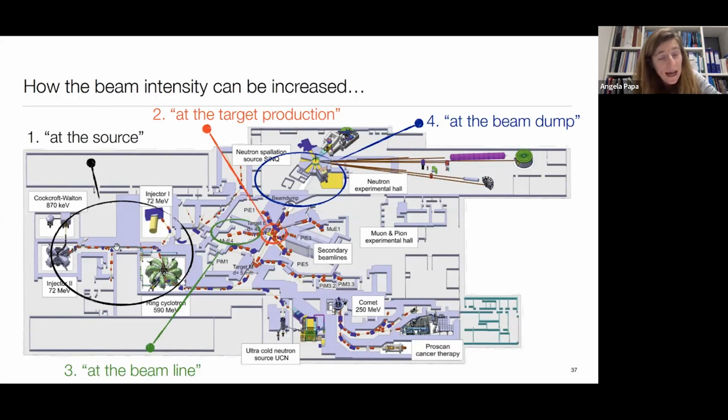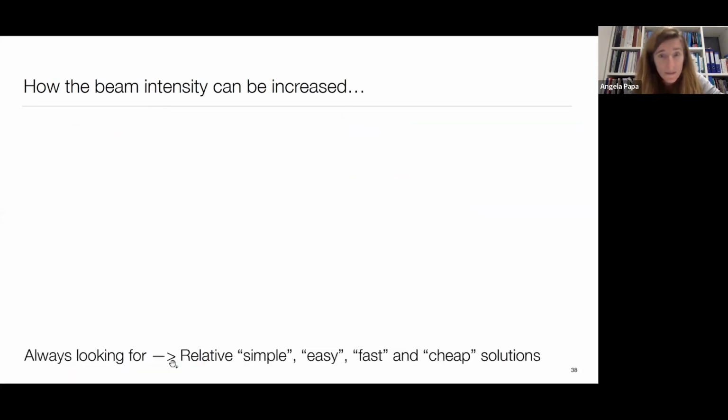But in our case we have constraints at the source: we cannot increase the power of the accelerator, and we also have to keep the fraction of the beam that allows people doing neutron physics to continue their research. So our efforts were restricted to two options: try to improve the target and try to improve the beamline.